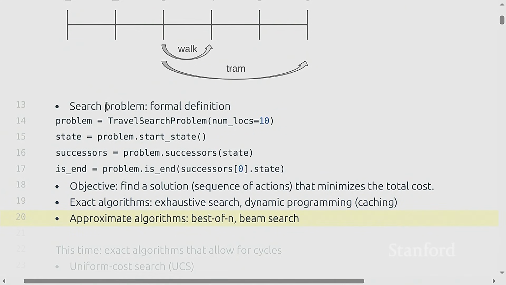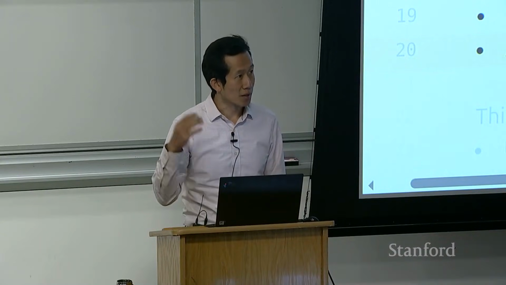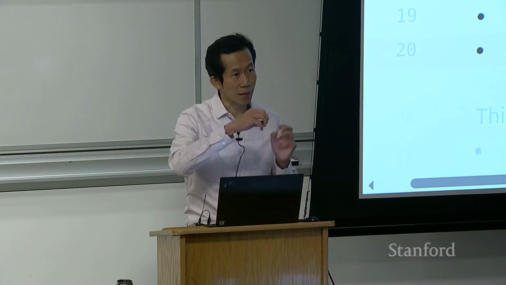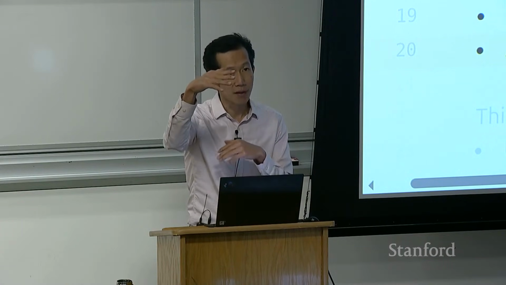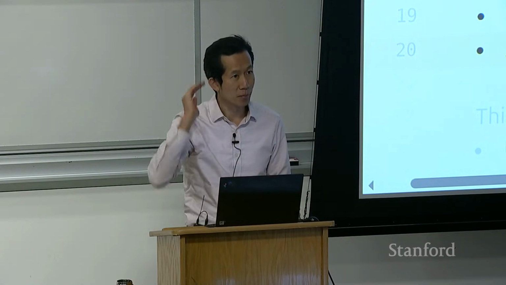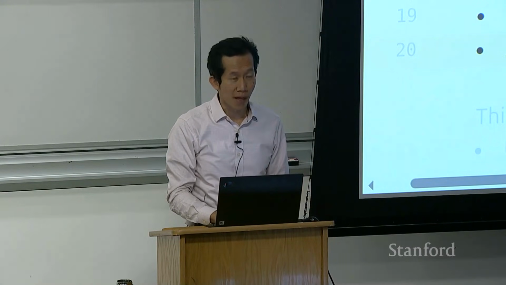And then we looked at approximate algorithms, best of n, which just samples a bunch of solutions independently given some policy and takes the best one, as well as beam search, which builds up this kind of beam of possible solutions and takes the best, truncating at each point in time. Okay, so that's a review of what we did last time.